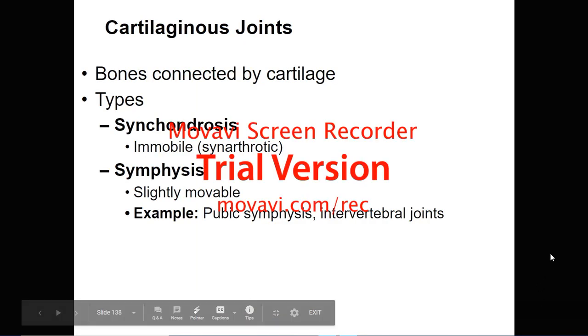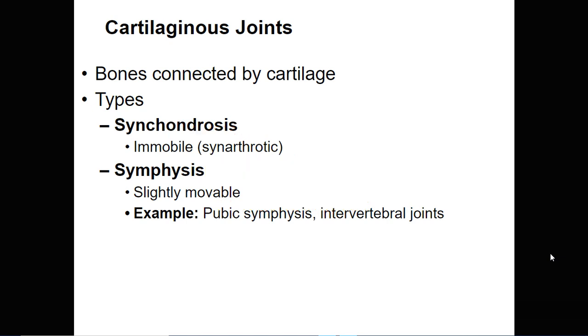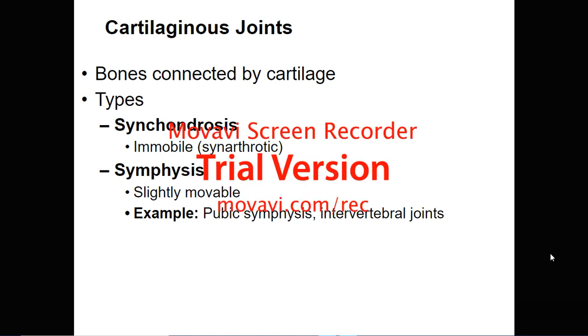The next type of joint we're going to talk about is cartilaginous joints. There are two types of cartilaginous joints, synchondrosis and symphysis, and we're going to talk about each one in more detail on the next couple of slides. But in general, cartilaginous joints are articulating bones united by cartilage.